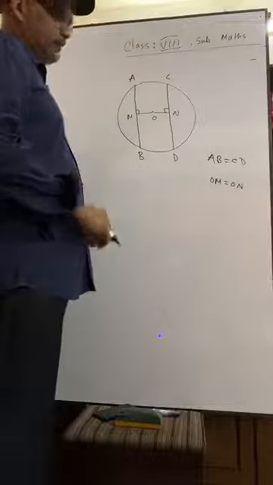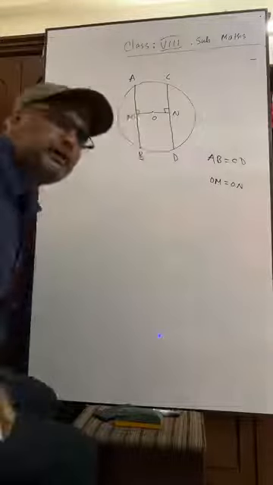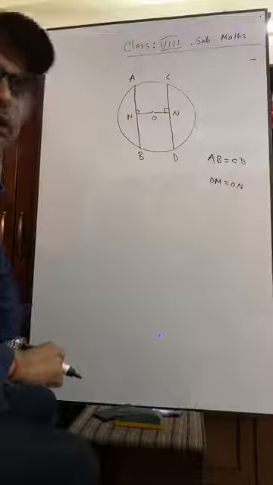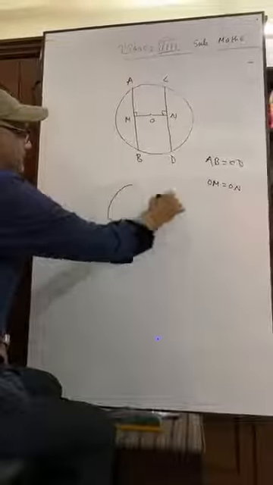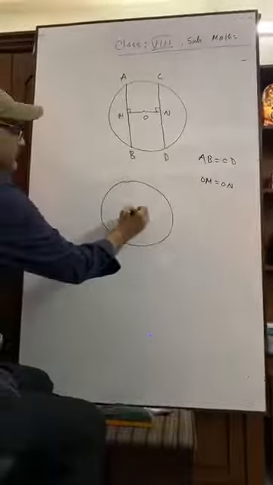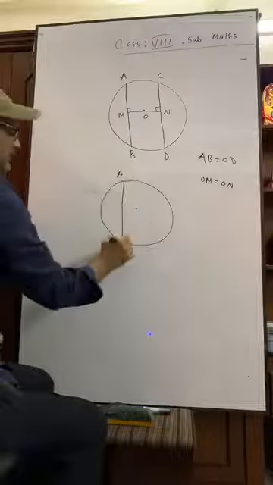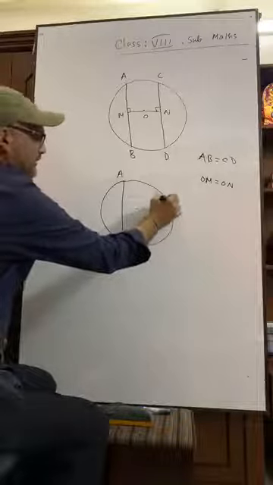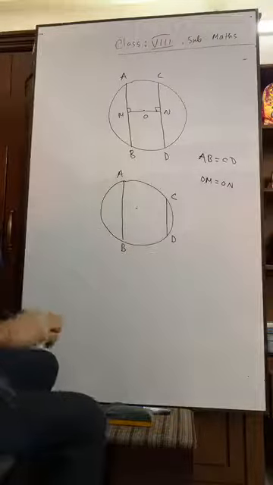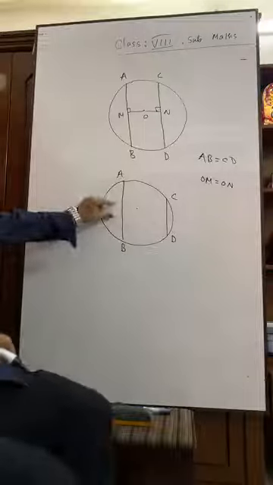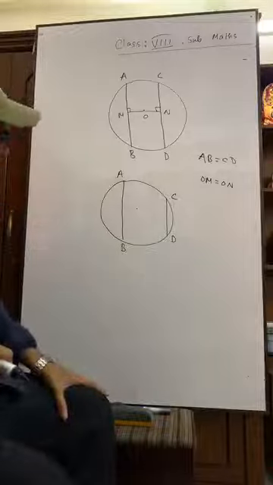Okay, but the question is: if the two chords are not equal, suppose this is a circle, this is the center, this is a chord AB, and this is a chord, suppose CD. If these two chords are not equal, then what will happen? Can you tell me?